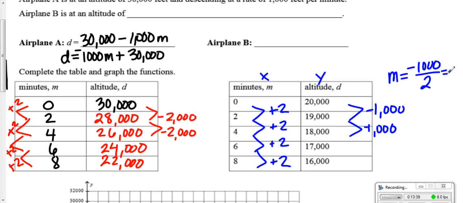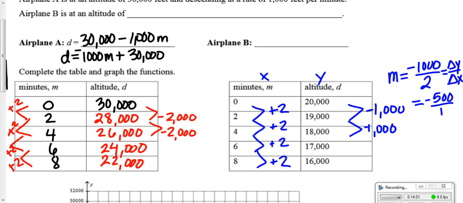Remember, I guess real quick, slope is always change of y over the change of x. If I want to simplify this, so again, I'm decreasing 1,000 feet every 2 minutes. This is the same thing as decreasing 500 feet per 1 minute. Again, a good way to compare the two airplanes.